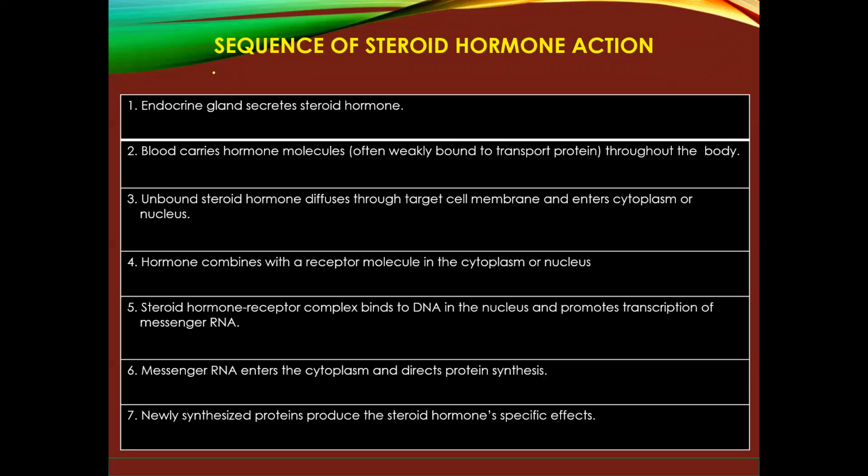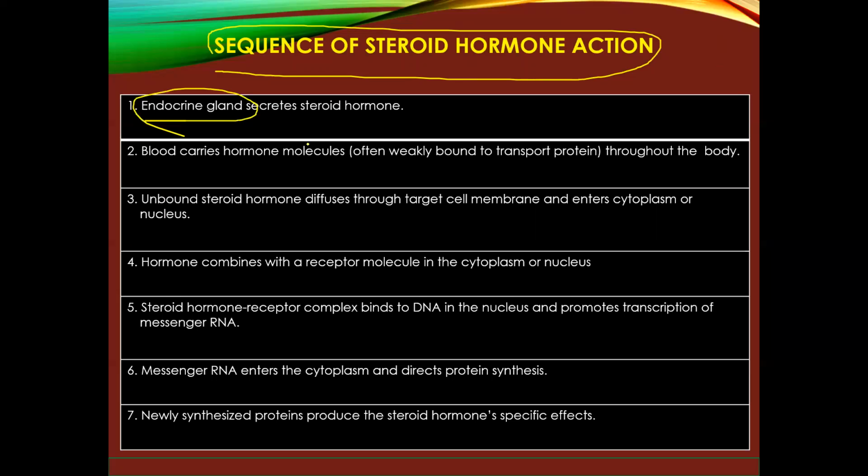Now, the sequence of the lipid-soluble hormone or steroid hormone. Again, the endocrine gland will secrete that hormone, let's say estrogens released by the ovary, the endocrine gland. And then the blood will carry that hormone by binding to transport proteins.